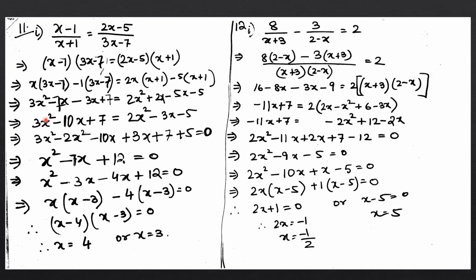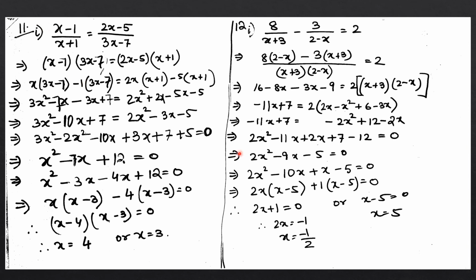On solving, we get an equation like this: 3x square minus 7x minus 3x plus 7, which is equal to 2x square plus 2x minus 5x minus 5. If we simplify, finally the quadratic equation that we get will be x square minus 7x plus 12, which is x square minus 3x minus 4x plus 12, equal to 0. On solving this, we get x is equal to 4, or x is equal to 3.